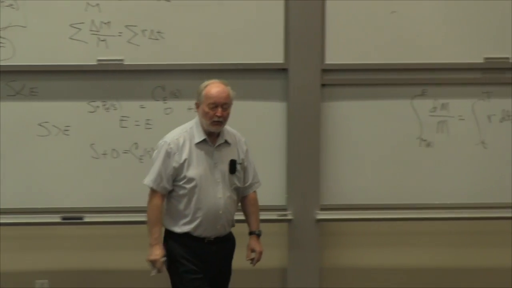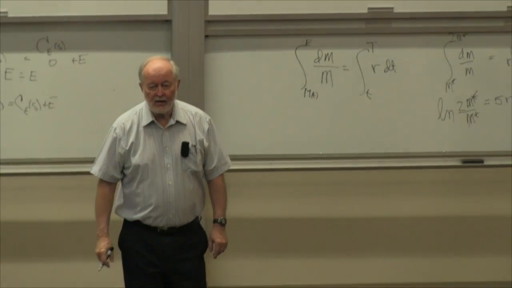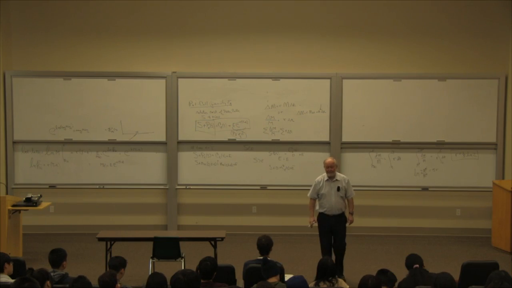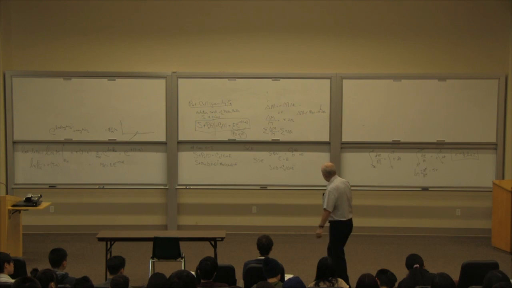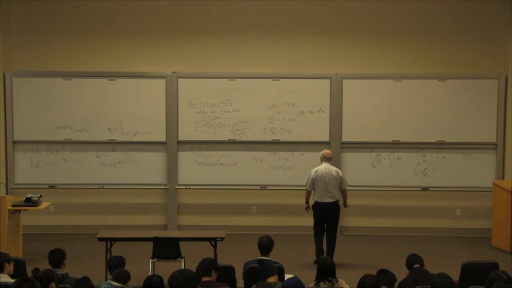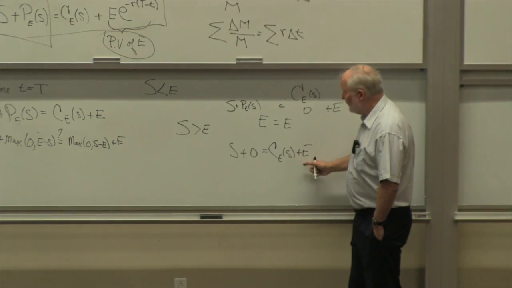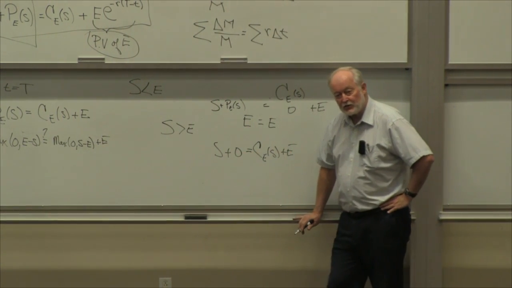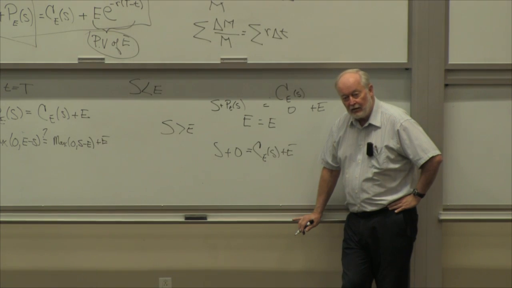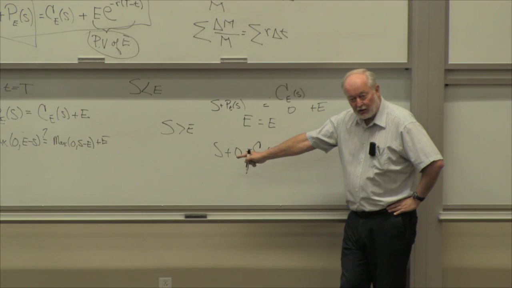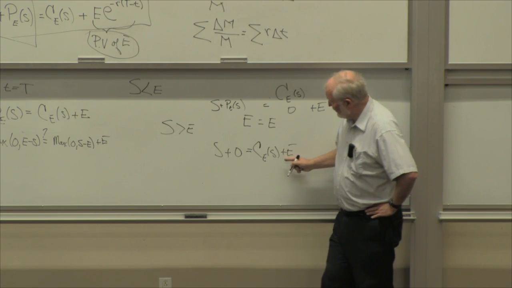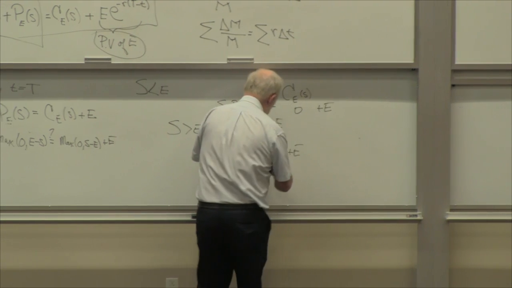Okay, what do we do here now? What I'm going to do now is buy it for E dollars, even though it's worth more. I can get it for E dollars. And remember what we have.